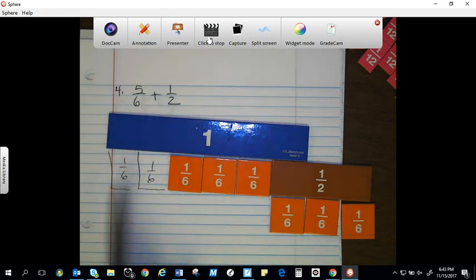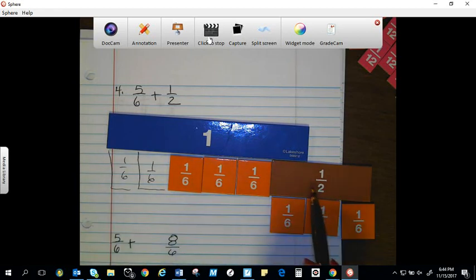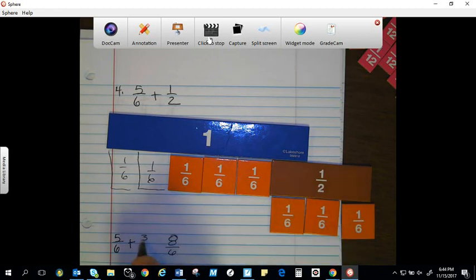So now I have a total of 1, 2, 3, 4, 5, 6, 7, 8. I have 8/6. I had my 5/6 plus my 1/2, which is equivalent to 3/6, equals 8/6.